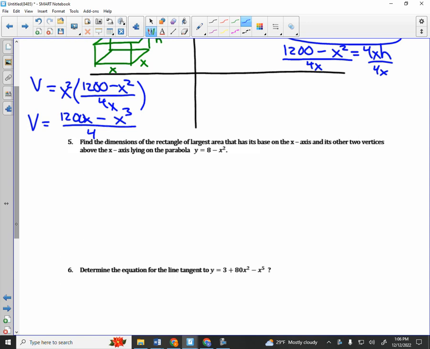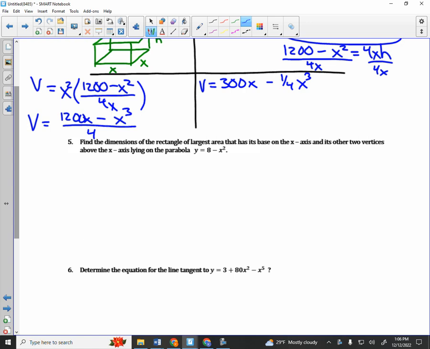So the x on the bottom will cancel with one of the x's there, so you just have one x distributed through the top. Now I could write this as volume is equal to, here's a little trick, I'm going to divide them both by 4. What's 1200x divided by 4? 300x minus 1/4 x cubed.